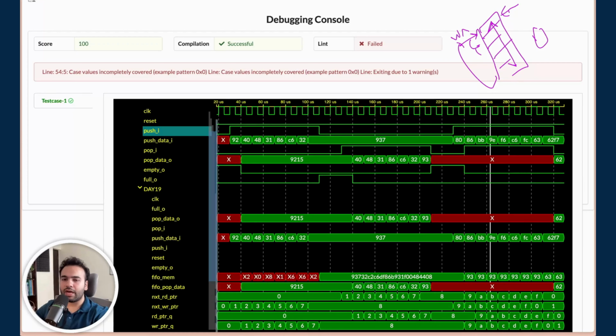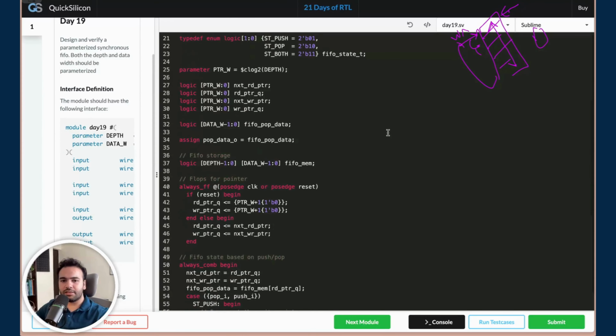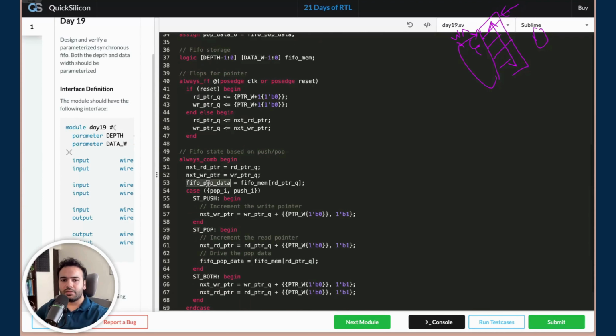which is why whenever you have to read from the FIFO, you don't actually use the complete pointer to address or basically mux out the read data. Instead, what you do is you read one bit less. And if we look at the code here, we could very easily see that the pop data is coming from the FIFO memory, but the FIFO memory is being addressed using the read_pointer_q signal.